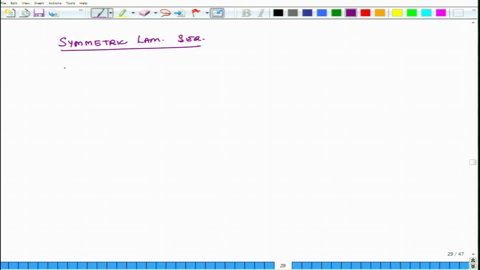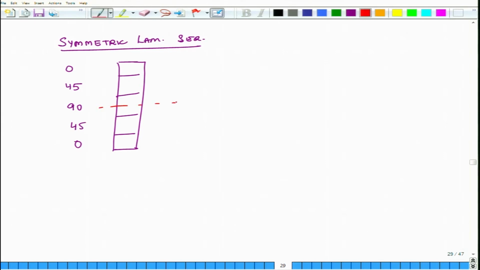So, let us look at an example: 0, 45, 90, 45, 0. Suppose this is the thing. Here this is the mid plane, and each layer has the same thickness.